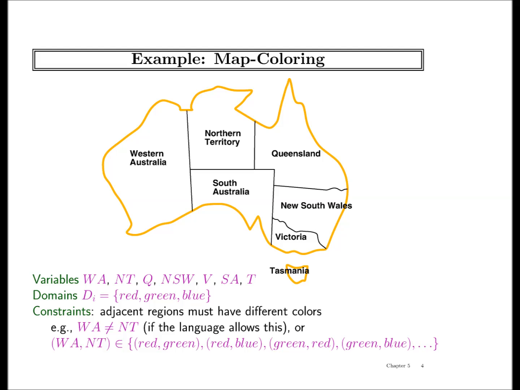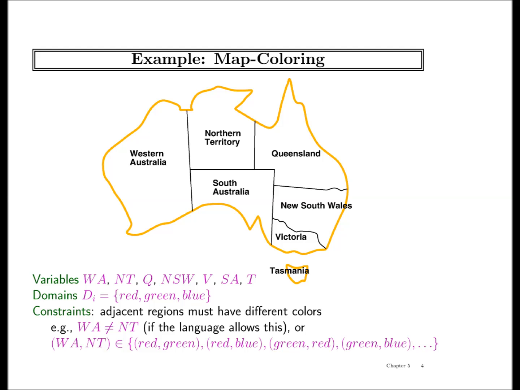We can represent it by saying that WA should not be equal to NT. Or we could list the allowed value pairs, but they cannot take the same values. So there are multiple ways of specifying the same thing. The idea is they cannot be colored the same.